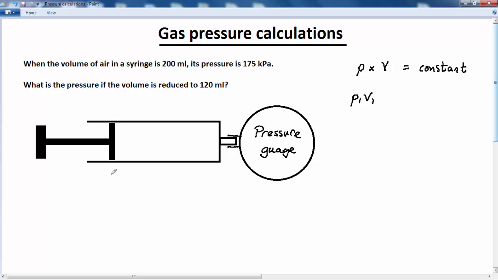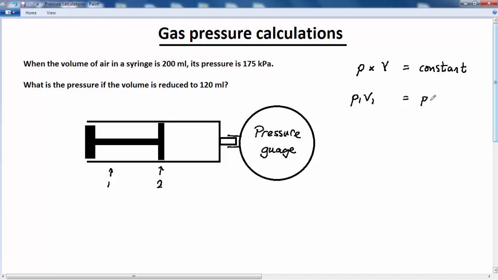position 1, is equal to the pressure in the container and the volume at some other position 2, P2 V2. So this is the starting pressure and volume, and this is the final pressure and volume.